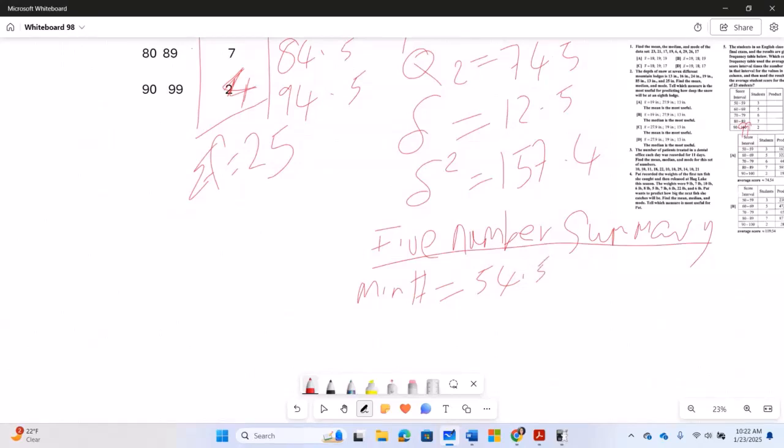The first quartile, Q1, is 64.5. The median is 74.5. The median is the same as the second quartile. It is 74.5.